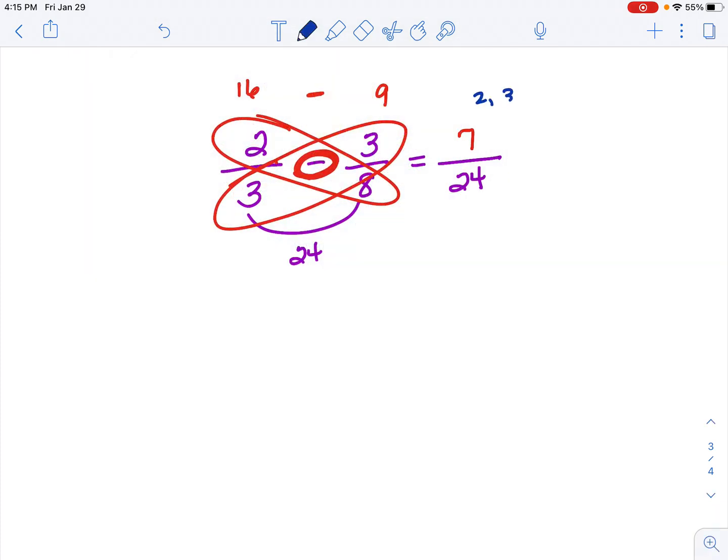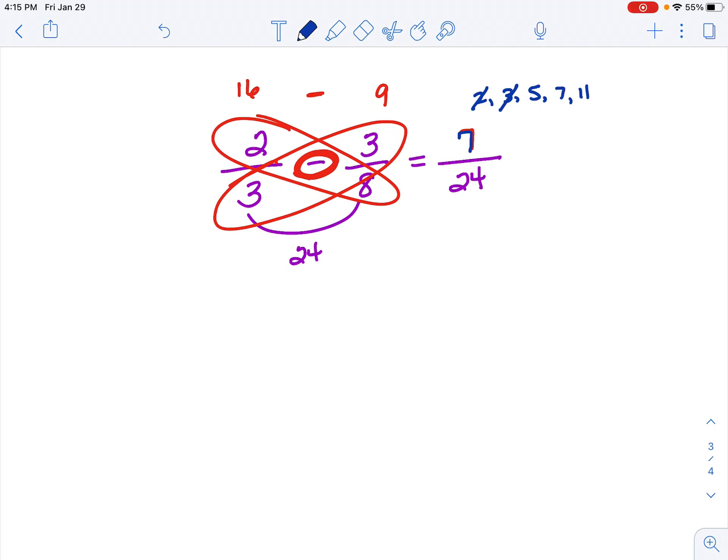Okay, so I'm going to use my 2, 3, 5, 7, 11. Well, 7 is odd, so 2 can't work. Get out your agendas and go to page 131, and remember how we highlighted those numbers. Go down your 3s. Well, when I go down my 3s, I see 24, but I don't see 7.